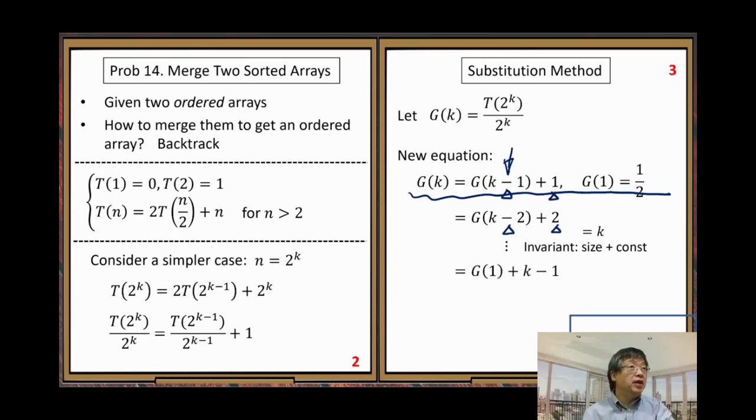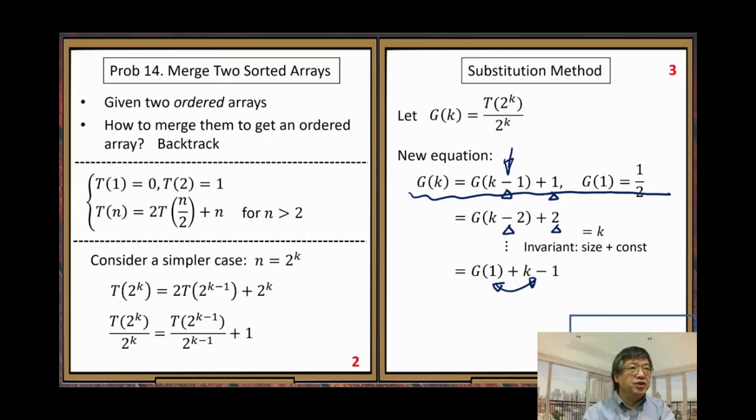Now you want to write the last expression. Inside the parentheses, you want g of 1. That's the base case, right? G of 1. But what is the constant term? The constant term is k minus 1. Why? Because based on the invariant property, 1 plus the constant term should equal k.